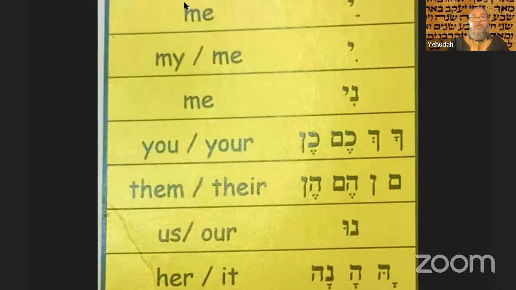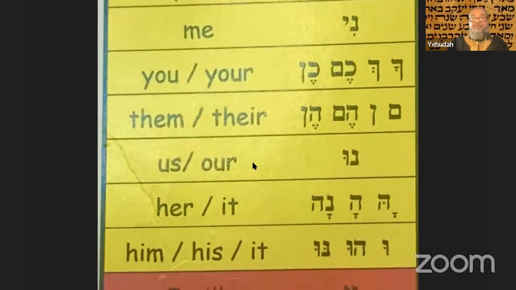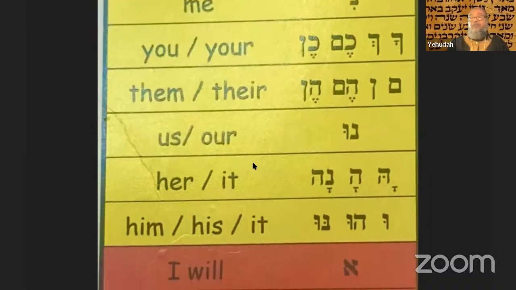Okay. Then we have us. Or our. He says that he's our Elohim. So he's Eloheinu. Okay. Eloheinu. And so we know that these are endings. So everything in yellow is an ending on a noun. Okay.